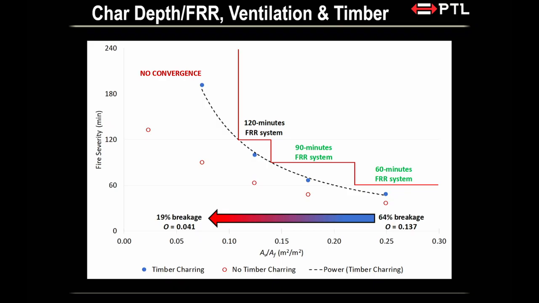And as you go up, you go from a 60-minute system to a 90-minute system to 120. And before you know it, the calculation actually has no convergence because the char depth is just running away. That's my calculation, right? Now the thing is, at that point, I might tell you, look, we can't do that. There's no fire system to cope with that. It's pointless. Let's start encapsulating, right?